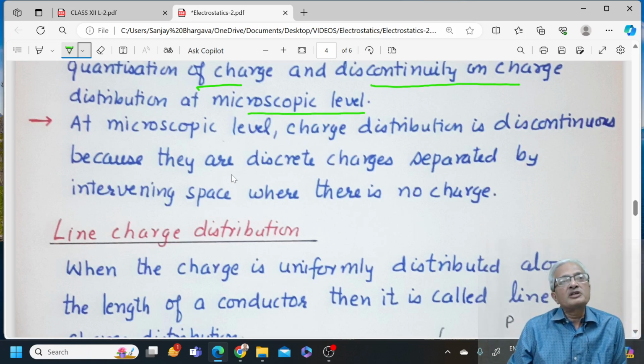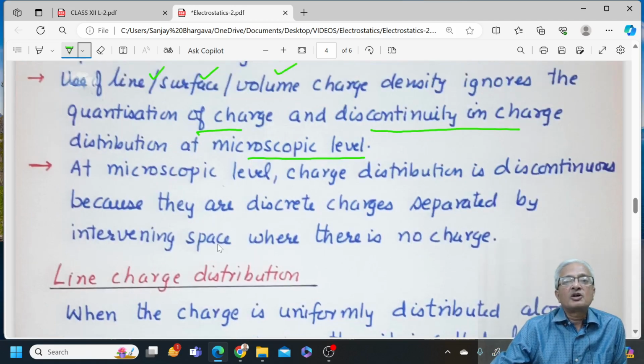Because when we have point charges, there were intermittent spaces which did not make the system continuous. So at this macroscopic level, what are we supposed to do? We are supposed to ignore the concept of quantization of a charge. Quantization of charge has to be ignored. And secondly, at microscopic level, there were certain discontinuities in the charge distribution. They need to be ignored.